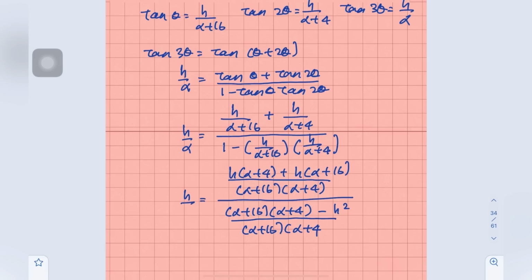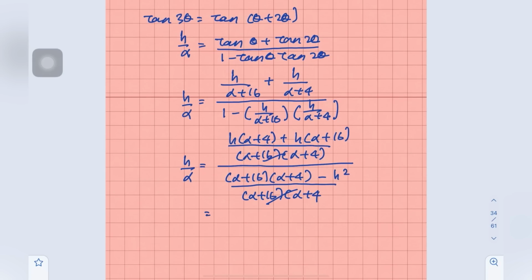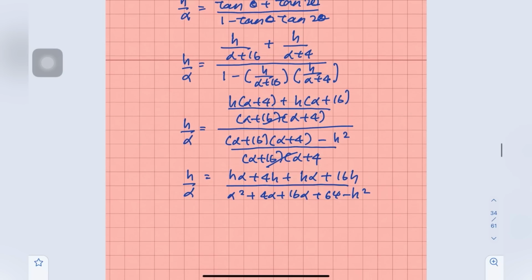This one equals H over alpha. Okay, apparently we can eliminate this. So this one is H alpha plus 4H plus H alpha plus 16H, over alpha squared plus 4 alpha plus 16 alpha plus 64 minus H squared equals H over alpha. Okay, so then we can simplify this.